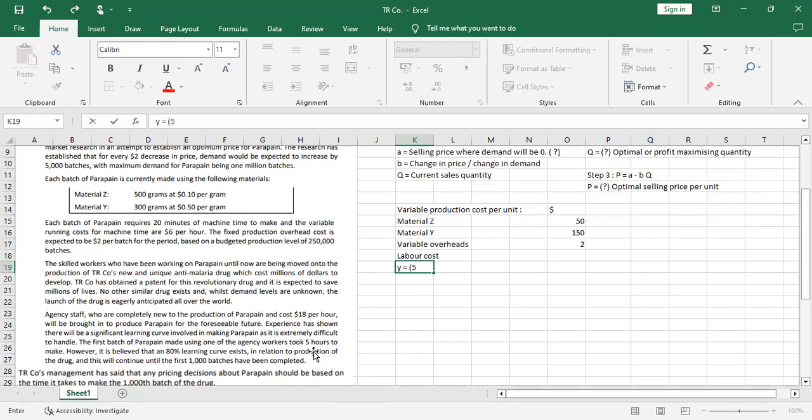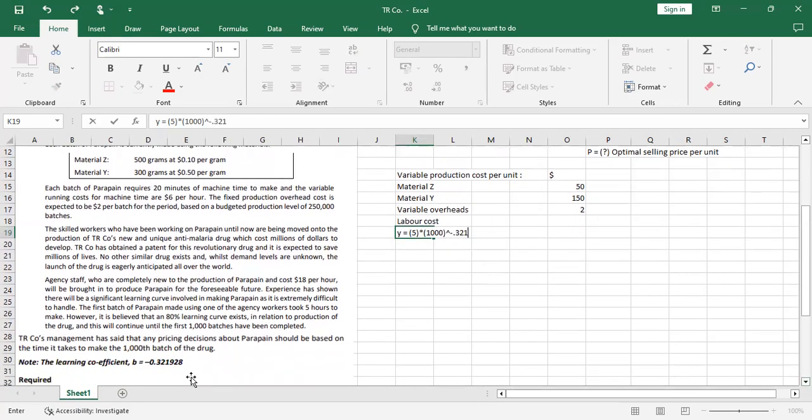So time for first batch is 5 into 1000 raised to power learning coefficient, minus 0.321928. So now you can calculate, I have mentioned here. So now you can solve it.